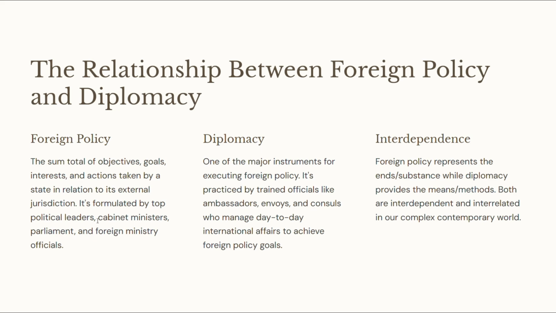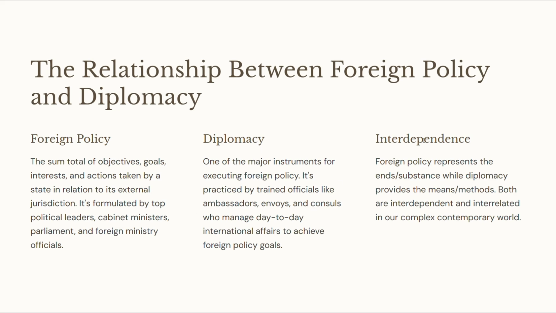Top political leaders, the political leaders in the government, the opposition, they have a role to play, the cabinet ministers, the parliament, foreign ministry officials, and even civil society. Whereas diplomacy is conducted by trained officials, like ambassadors, envoys, consuls, who manage day-to-day international affairs to achieve foreign policy. We could see the differences through the definition and the actors involved.